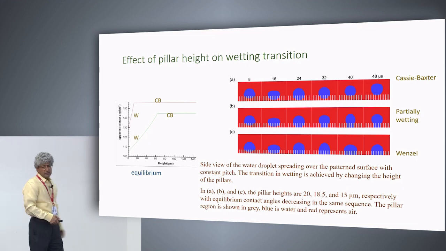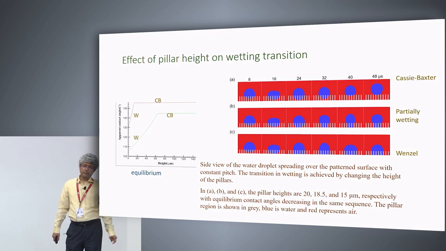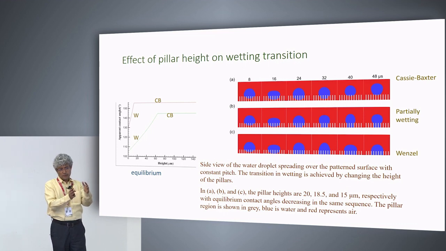So, equilibrium analysis shows that there is a critical pillar height, below which it is Wenzel, beyond which it is Cassie-Baxter. But when you do this drop spreading, it turns out that the transition is not that sharp. There is a fairly broad, partially wetting regime.